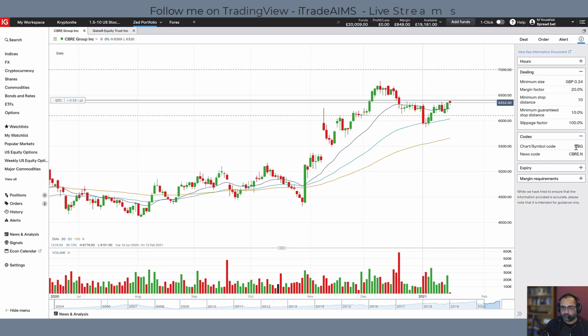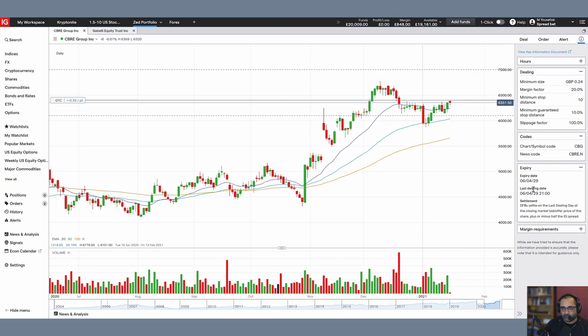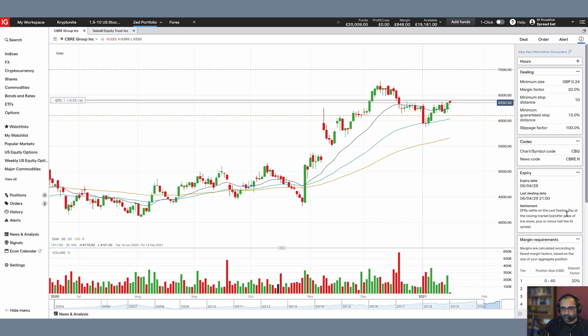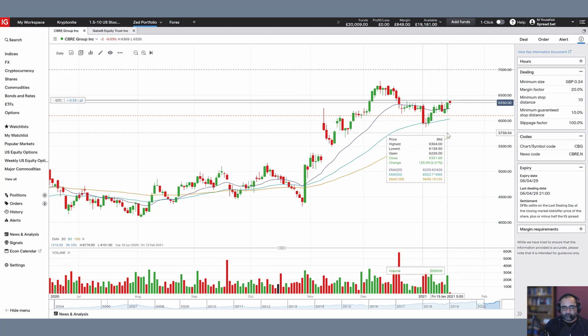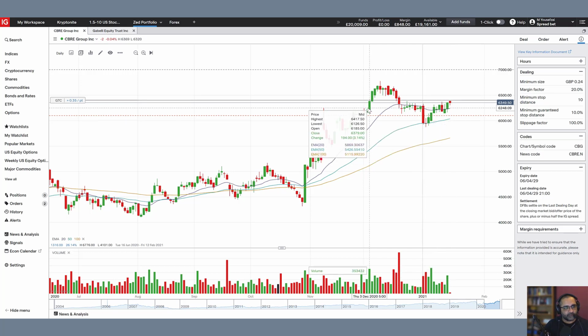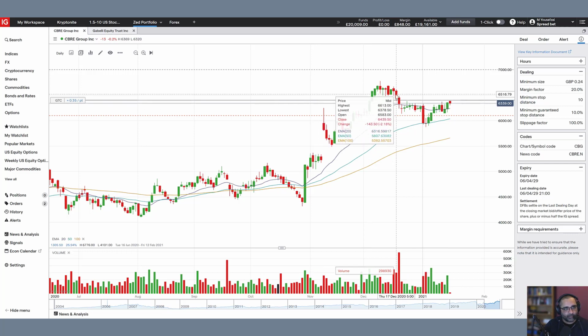These are the codes, that's the symbol, CBG, and these are the expiries. And this shows you the margin requirement. Here we go. Depending on your position size, margin factor changes. So let's see if any of them trigger. If yes, I will let you know. If not, we'll see if the setup is still valid. As long as the setup is valid, the order is going to stay.